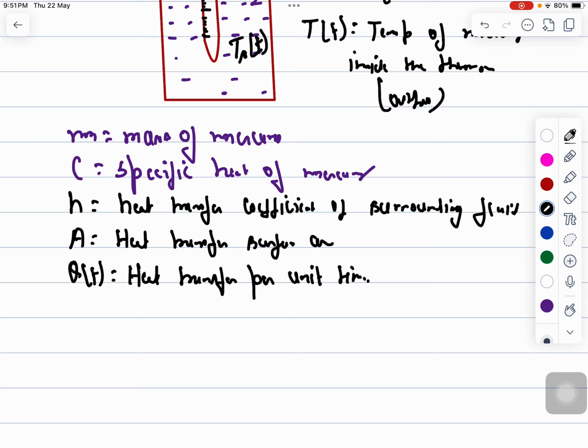Okay, great. So now if I want to derive this, what you can write is: rate of energy in is equal to rate of change of internal energy, right?